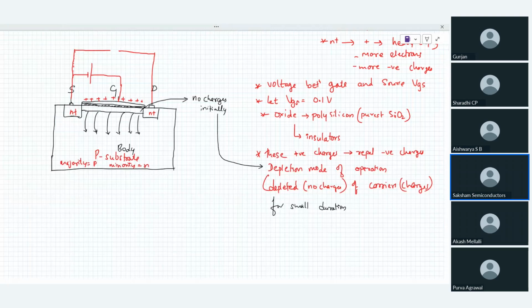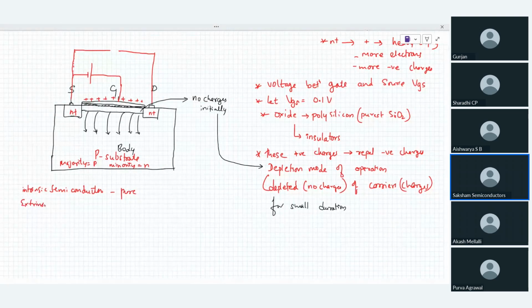They are N. Always remember, when I say P substrate, until and unless I say it is an intrinsic material, that means the purest material, it means that it's an extrinsic material. And what are intrinsic and extrinsic materials? When I say intrinsic semiconductor, it's a pure one.